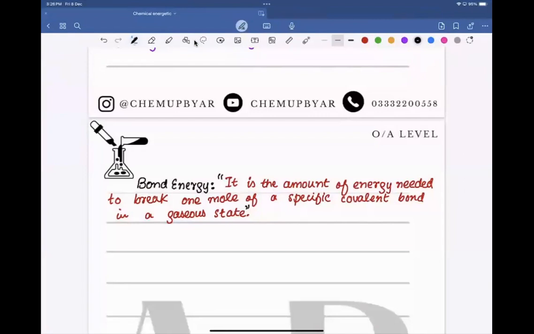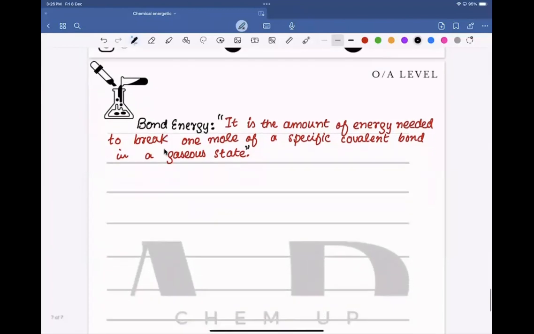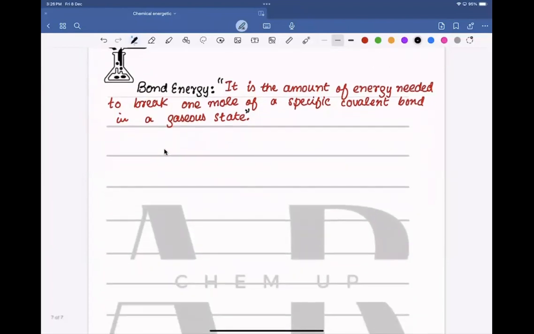Sir, this talks about the breaking of covalent bonds. So what about ionic? Because in ionic there is no one bond, right? Ionic bonding always results in a giant lattice, so there are multiple bonds. So there won't be any bond energy? No, there is no bond energy. The bond energy is only for covalent bonds.